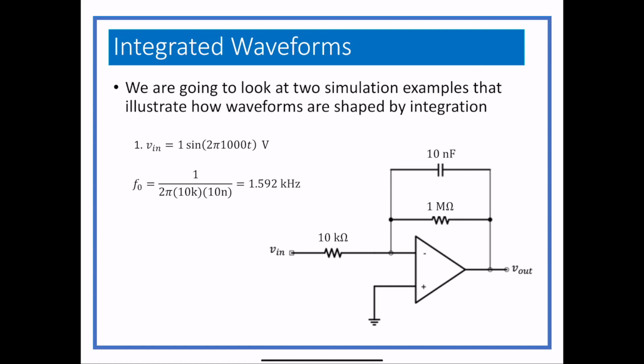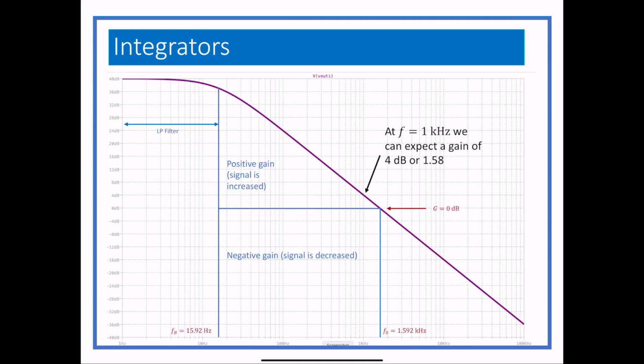We looked at this before, so we're going to look at the plot that we had for that circuit, and we can expect at 1 kilohertz to have a gain of about 4 dB, because we can look at the graph and say, okay, that's where we are on that line. We should expect that that's what we get, and we're going to see what we do end up getting.